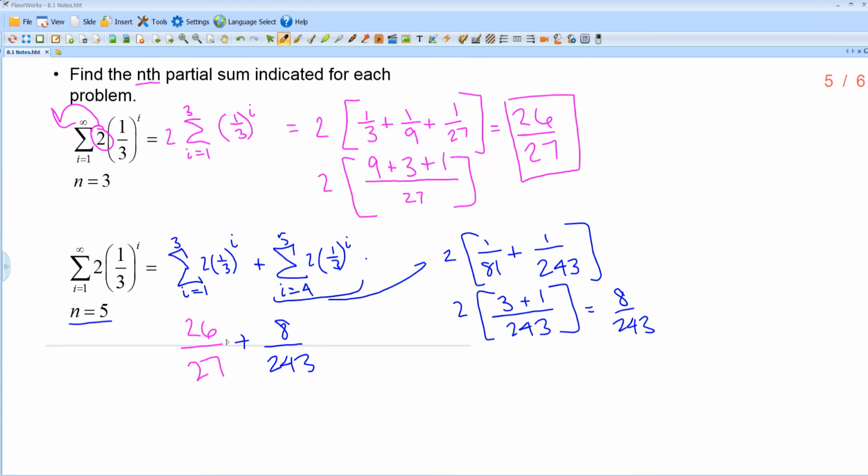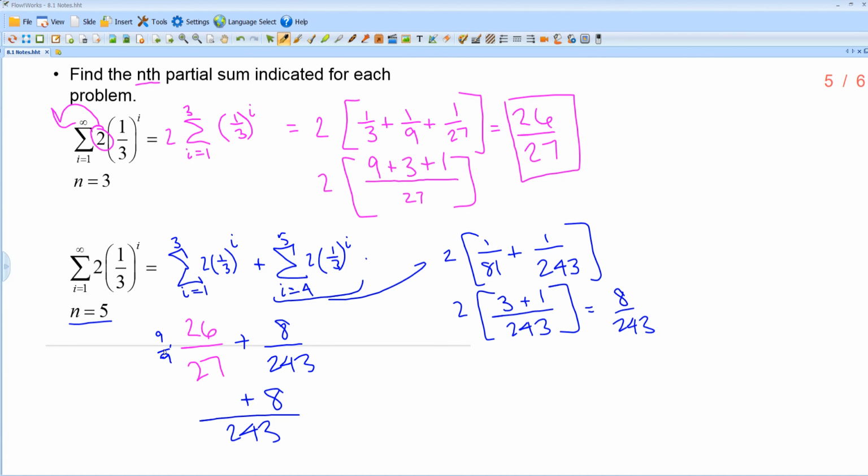So 27 goes into 243. This is still 8/243. What I multiplied this by was 27 times 3 to get 81, times 3 again to get 243. So I'm multiplying this really by 9/9.